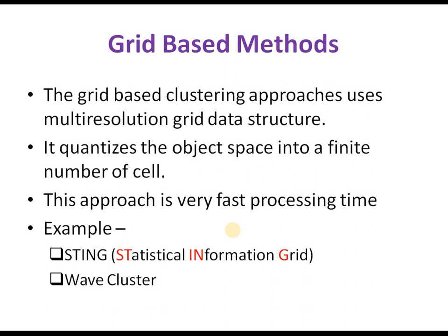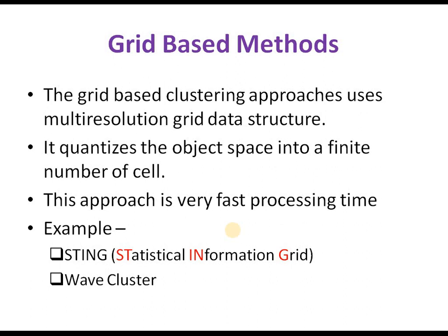A wavelet transformation is a signal processing technique that decomposes a signal into different frequency subbands. The wavelet model can be applied to d-dimensional signals by applying a one-dimensional wavelet transformation d times.